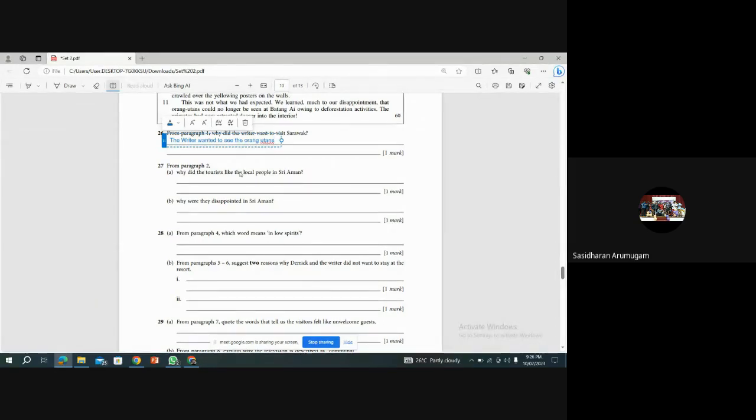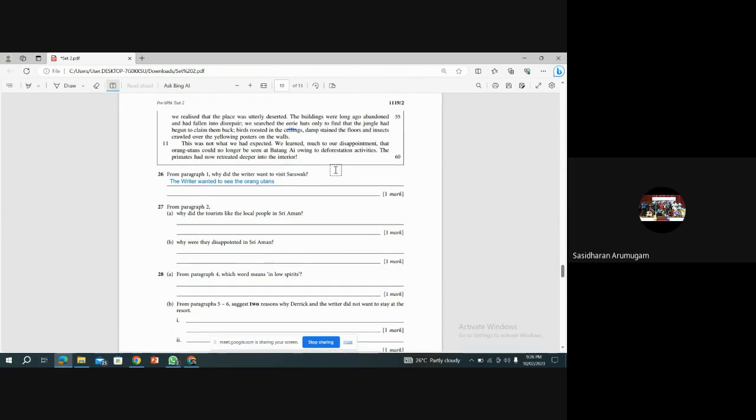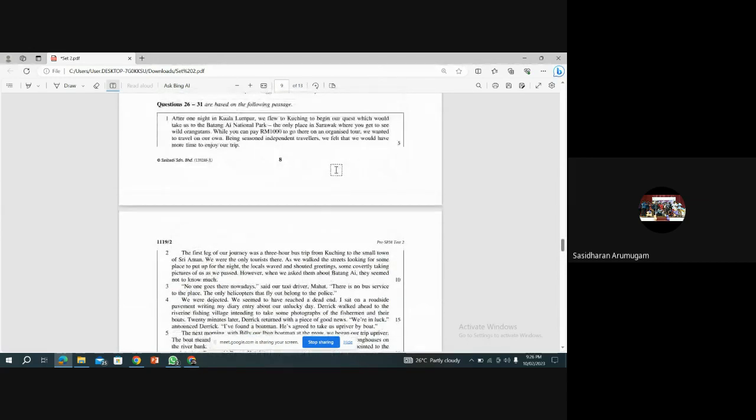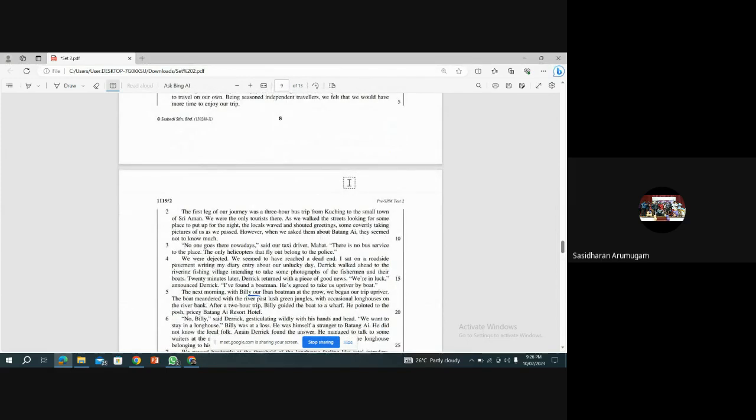The writer wanted to see the orang-utans. Okay, number 27. Which one? Why did the tourists like the local people in Sri Aman? The people were friendly.